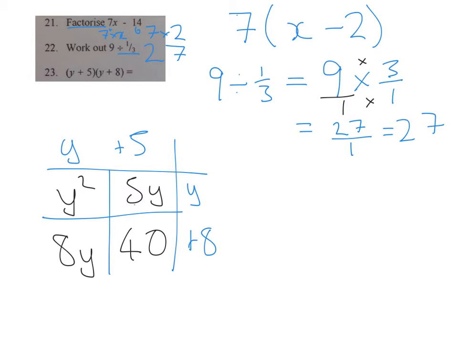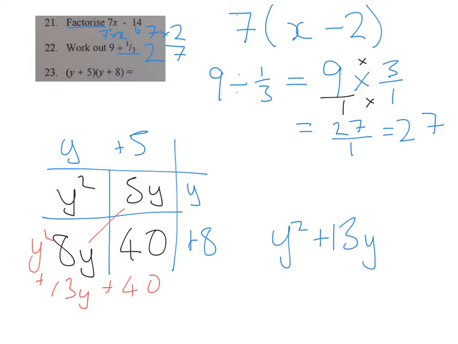Down the diagonals, 40, 13y, y squared. So our answer is y squared plus 13y plus 40.